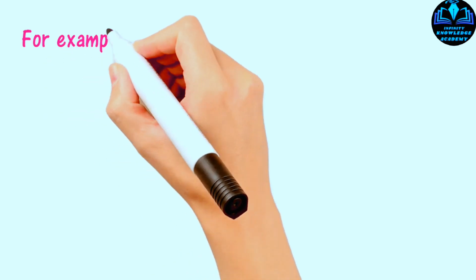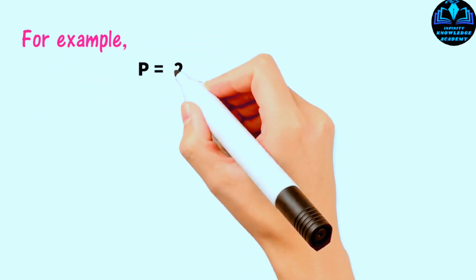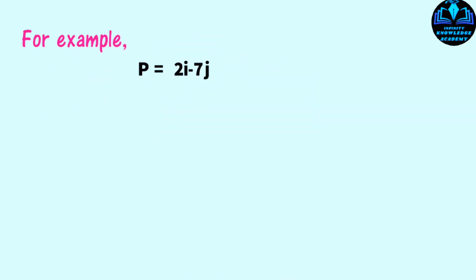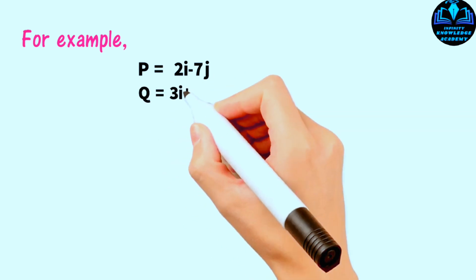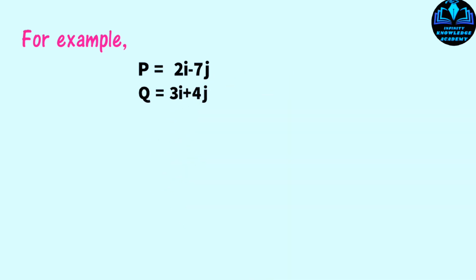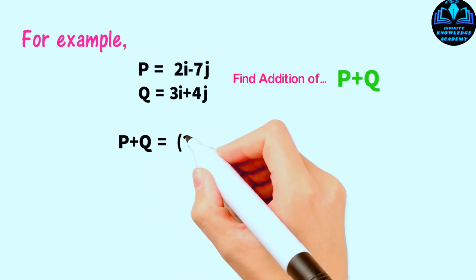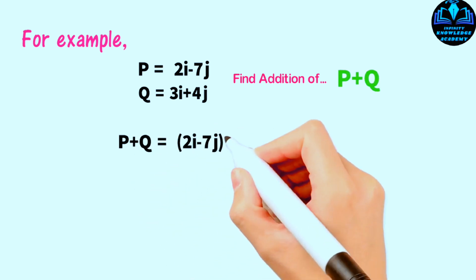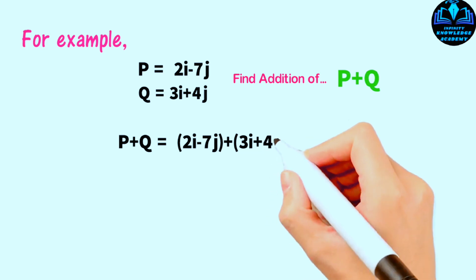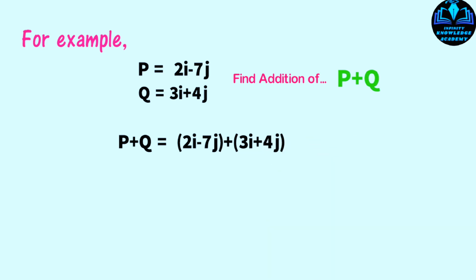Now for example, if I have a vector P equal to 2i minus 7j and Q equal to 3i plus 4j, and if someone is asking me to find the addition of these two vectors P plus Q, I will take the vector P, 2i minus 7j, plus 3i plus 4j.